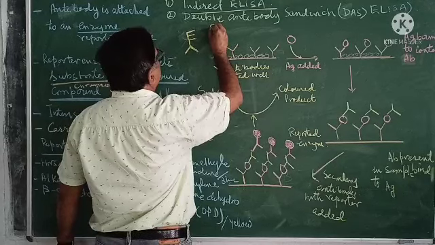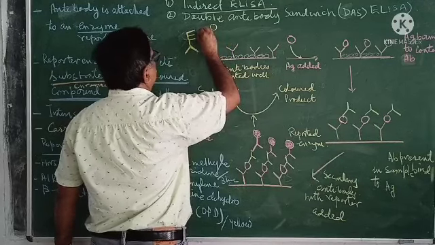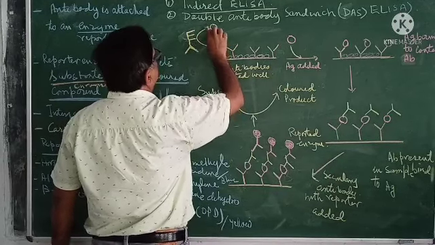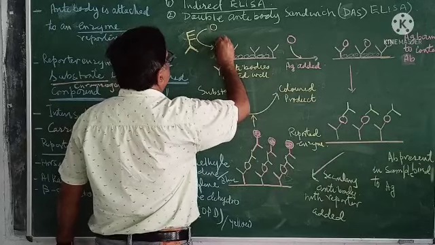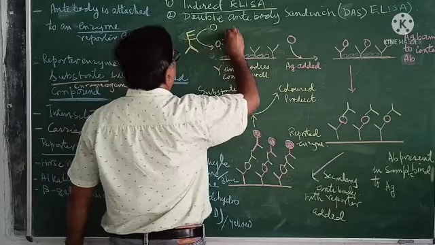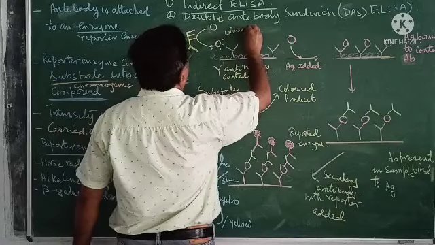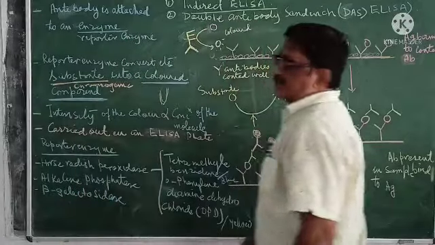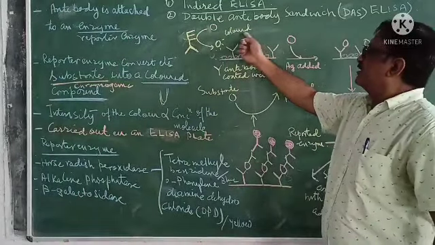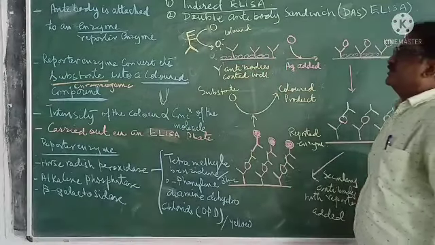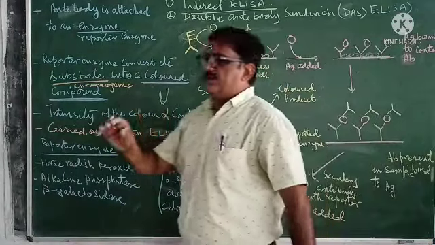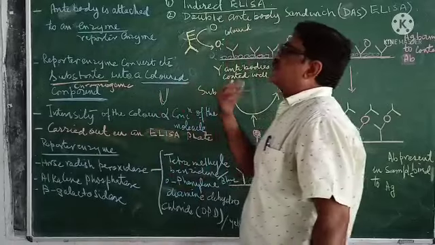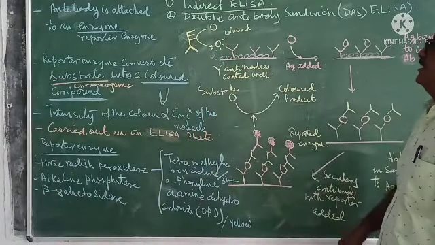How does it happen? This enzyme converts a substrate into a colored product, and the development of the colored product gives the idea of the presence of a particular substance, that is, a qualitative test of the sample.